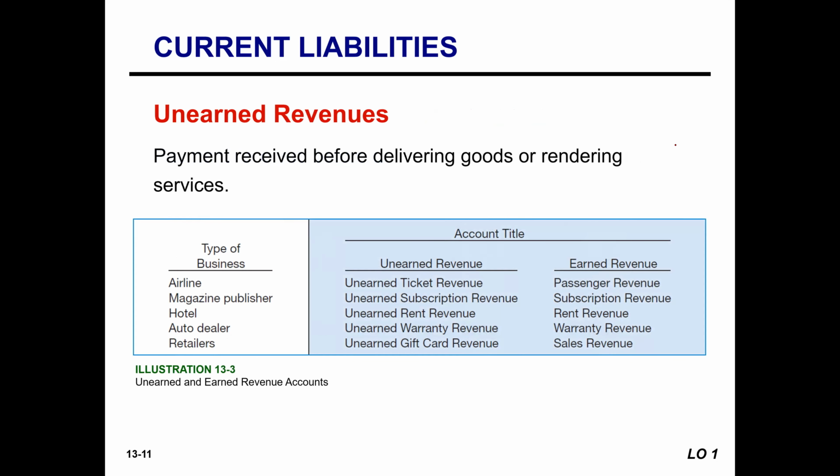Okay, unearned revenues. Again, we've talked about these before. It shows us some examples here. I'm not going to read through all of these. Hopefully we have an understanding of these, but when we purchase something in advance, whether it's a plane ticket or a gift card or something like that, the company books it as unearned revenue until the day we take the flight, for example.